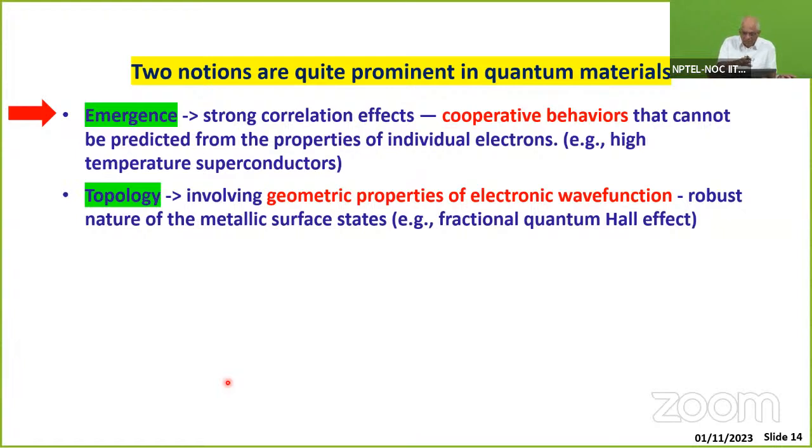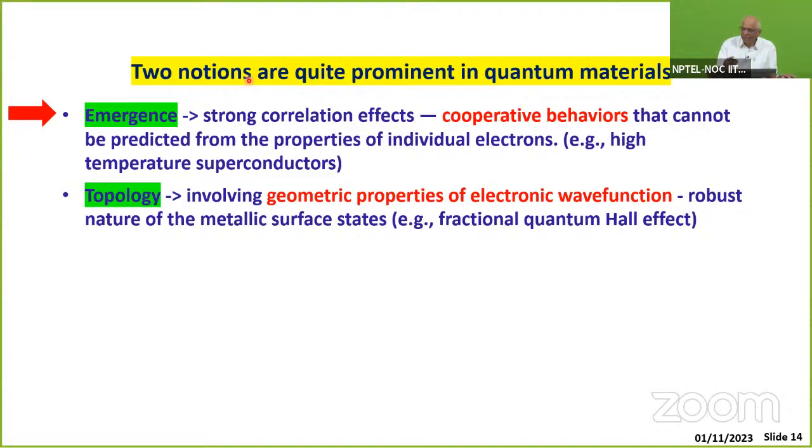So now let us redefine quantum materials. And this is the definition which is now accepted by the scientific community. Two notions are quite important, are prominent in quantum materials. One is emergence.